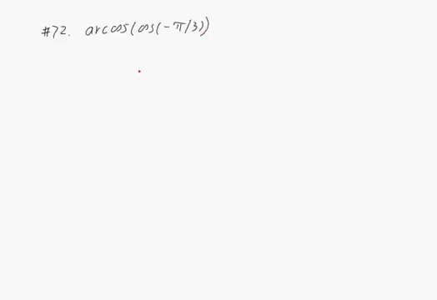We know when you compose the original function with the inverse function, they just cancel with each other, right? And then you get the identity function. Now, this is the cosine. This is the inverse cosine. Can we just cancel this to get negative pi over 3? Maybe in your mind, this is what you want to do, right?